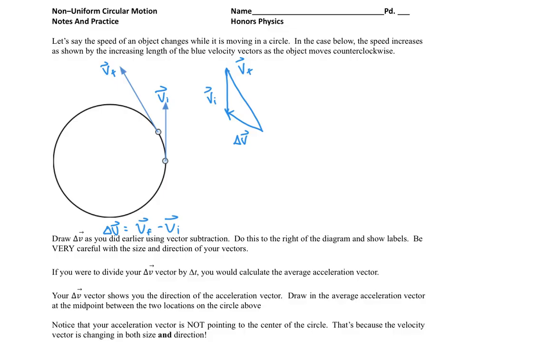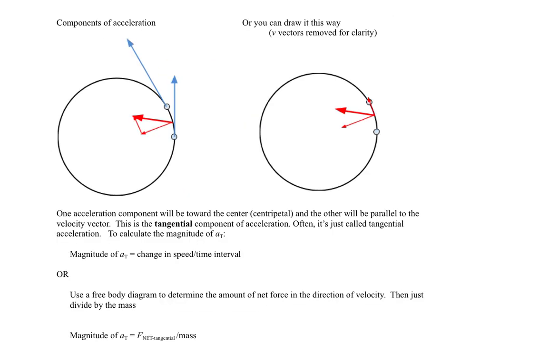acceleration as well. So when we look at this next page then, we still have our original initial velocity and our final velocity. Here is our vector for acceleration or change in velocity, but acceleration is just change in velocity divided by time. And you can see that we've split this up into two components, a centripetal component and then a tangential component right here.